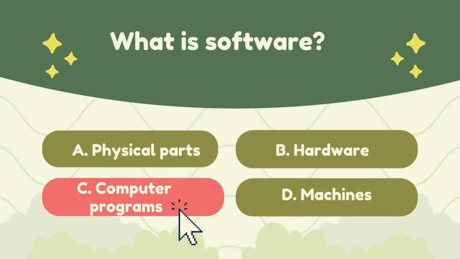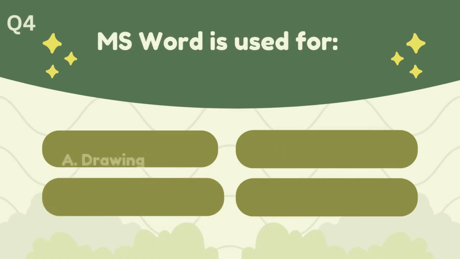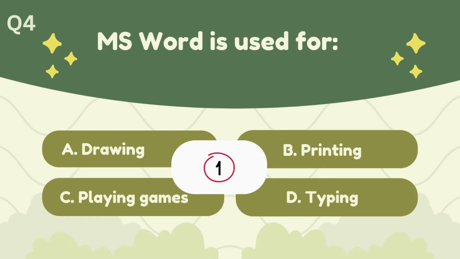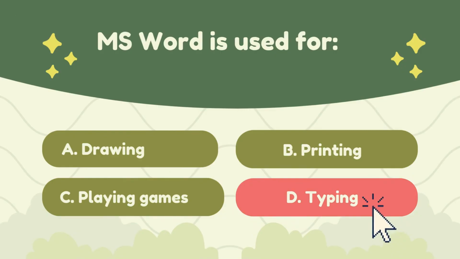Absolutely right! The answer is computer programs. MS Word is used for... Your time starts now. Good job! The answer is typing.